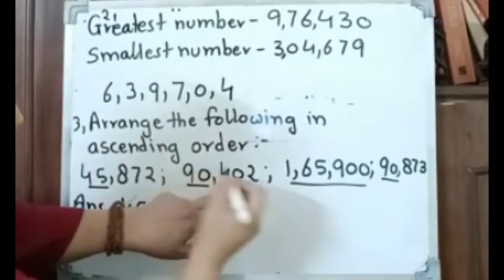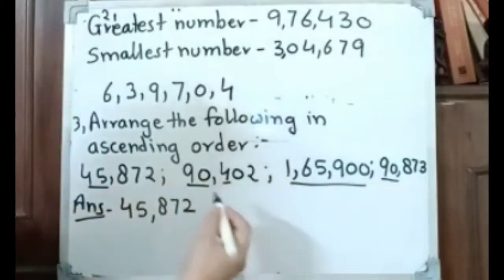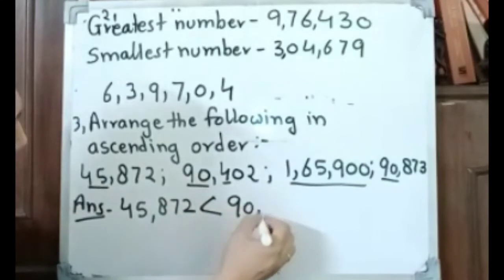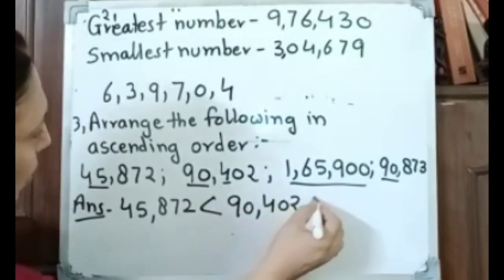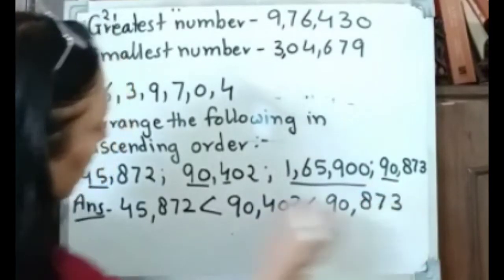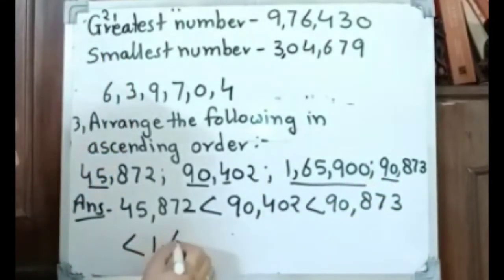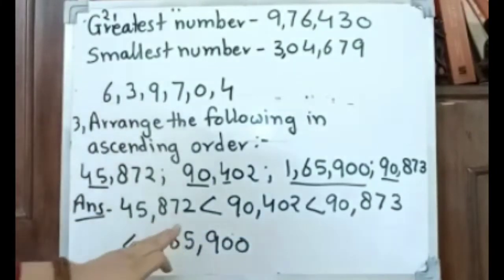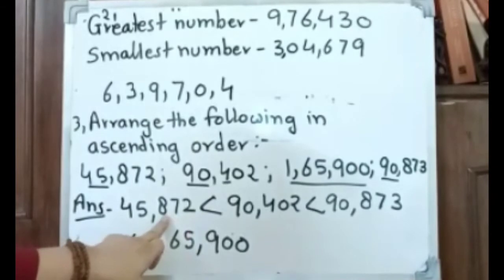Now come to the next digit. Here we have 400, 800. So this one is 90,402. Then we have 90,873. And the biggest one is 1,65,900.